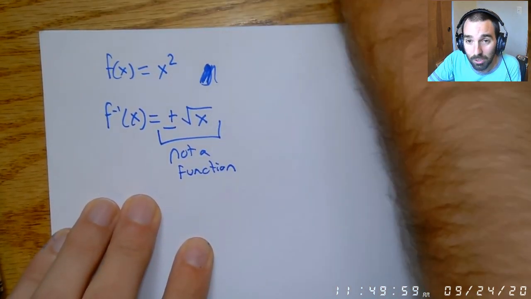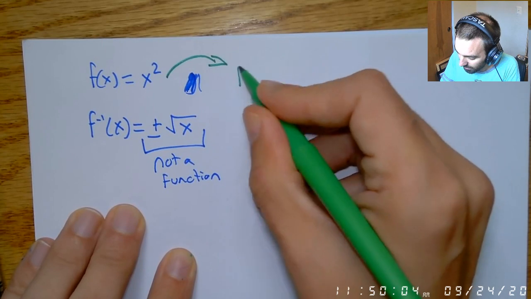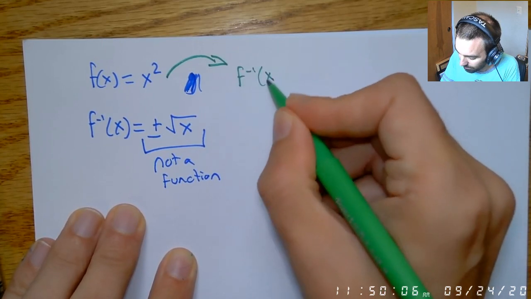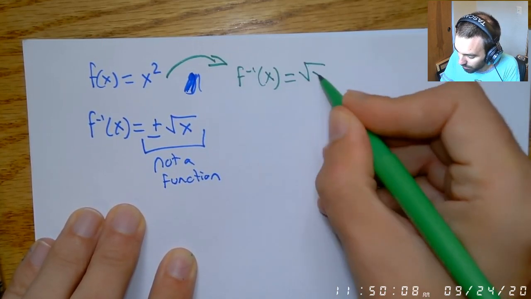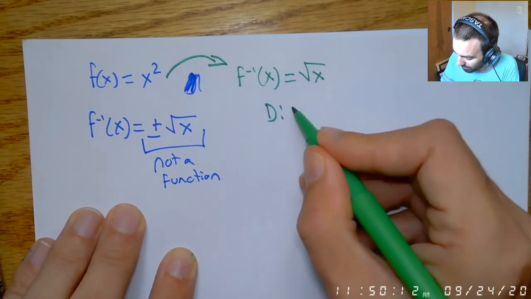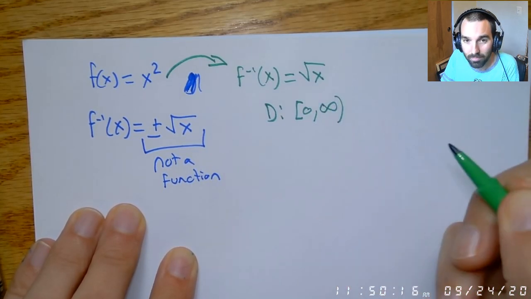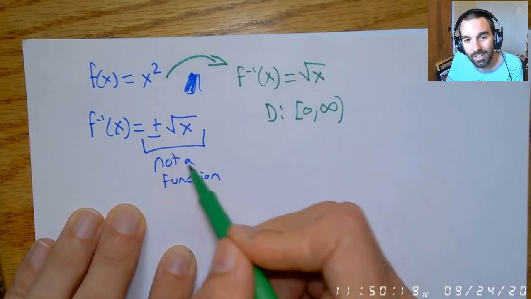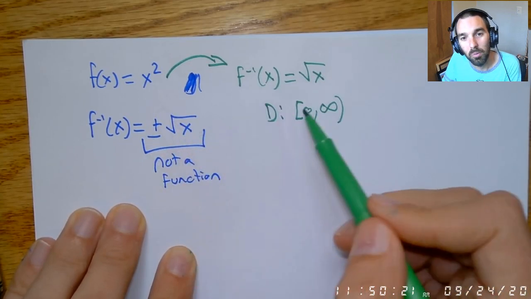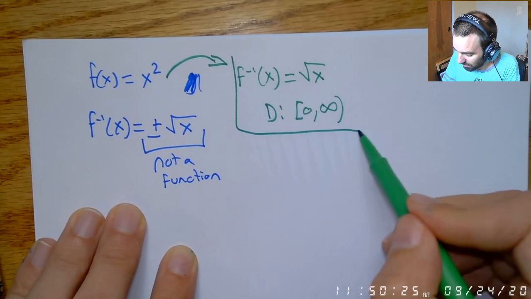Okay, so to be able to take the inverse, what we do then is we say the inverse is the square root of x, where the domain has to be greater than 0. Do you guys see how this isn't a function, but what we do here is we put a domain restriction on it?